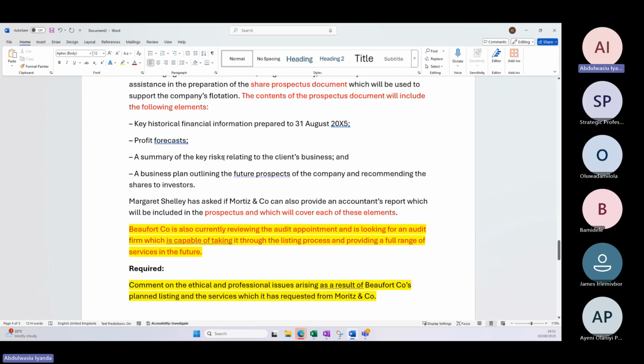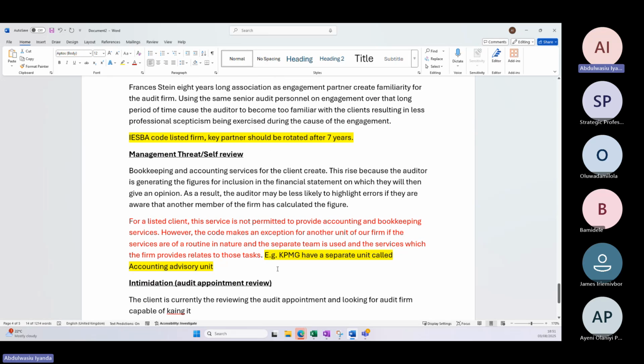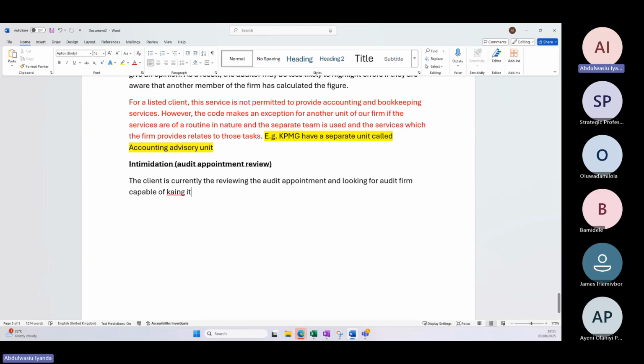Hold on, let me go back to the question. Taking it through the listing process and providing a full range of service in the future. So I can just copy this. Capable of taking it through the listing process and providing a full range of service in the future, represent, give rise to intimidation.